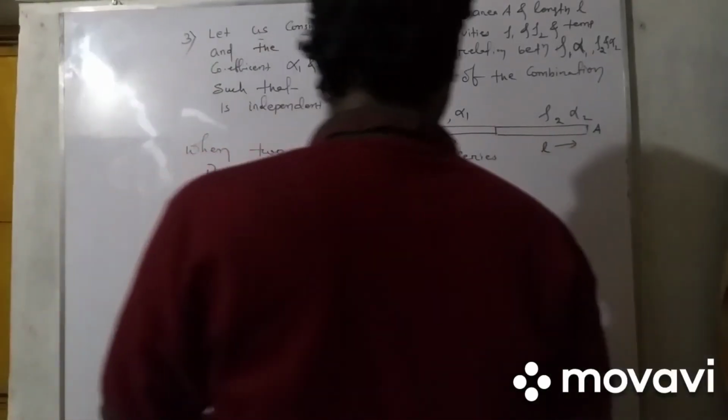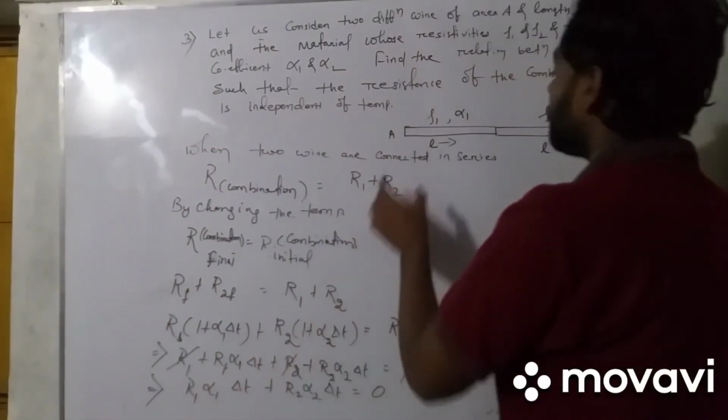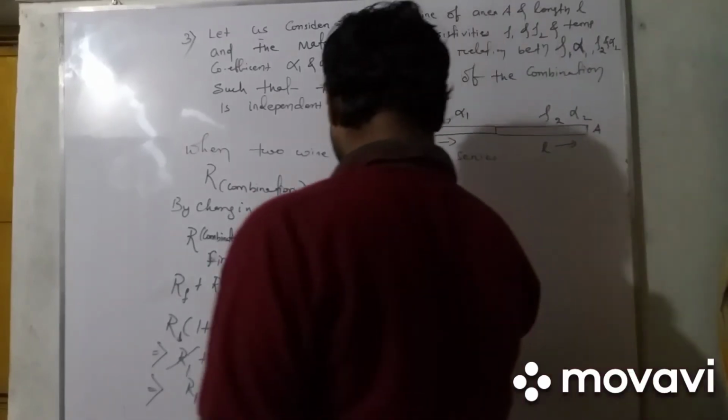So now we can represent R1 in terms of rho 1. So how to convert?